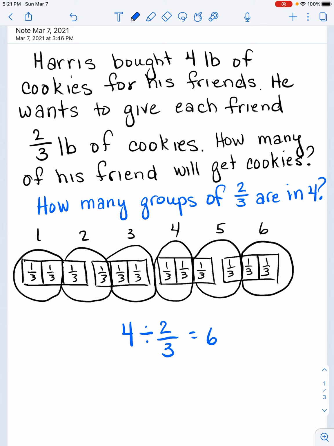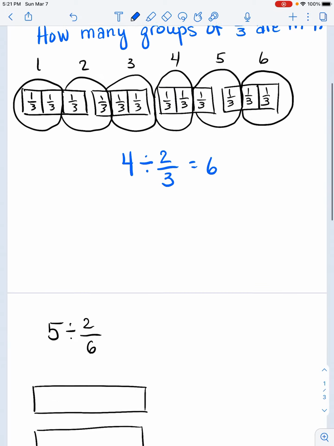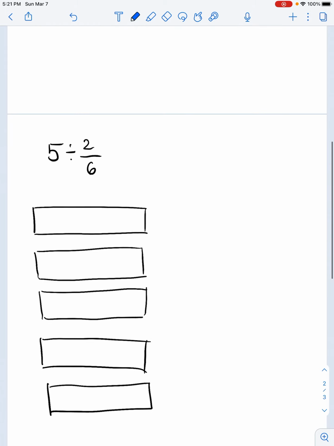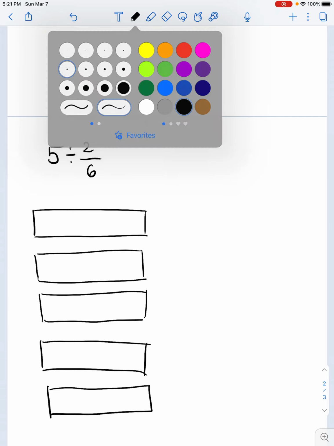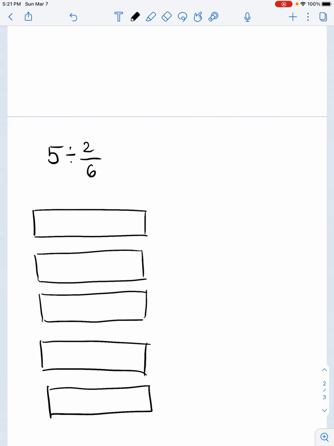Let's take one more example. And this is just an expression. Okay, 5 divided by 2/6, but I still want to put it in the form of the question just to help me understand.